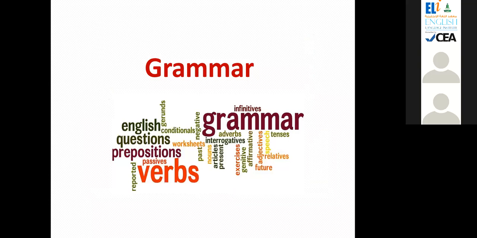Okay, so we will start with the grammar, like the examples as you see in front of you. You mentioned most of these. You mentioned verbs, prepositions, questions, adjectives, speech, nouns, past. All of these are grammar. We will start with the verb to be.